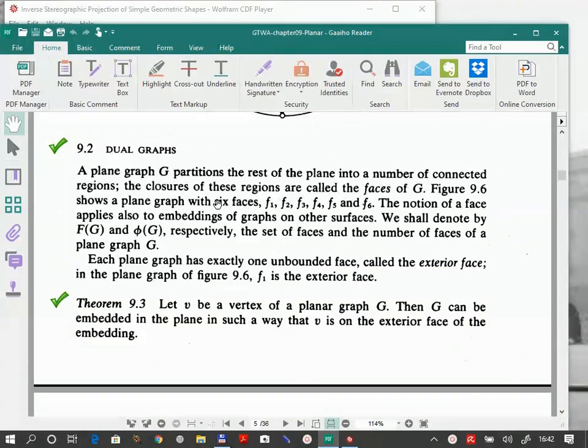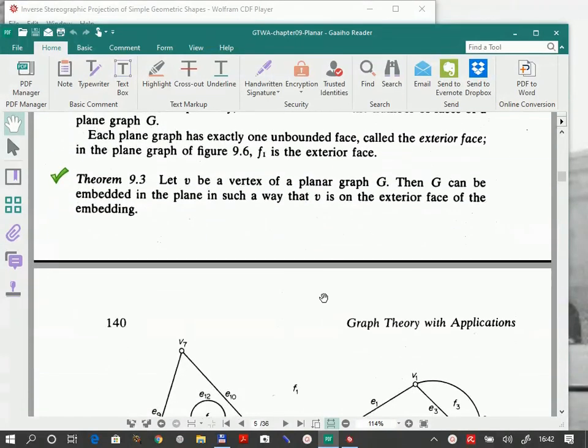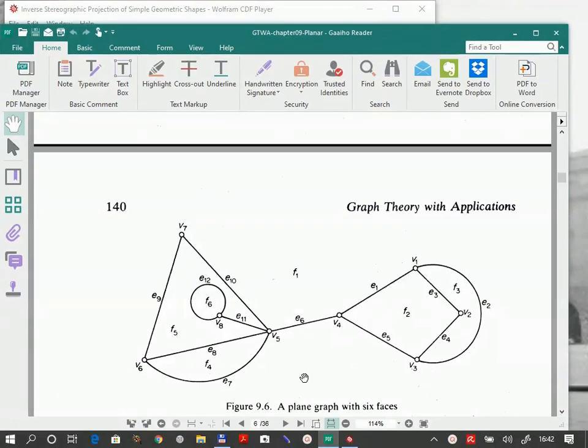These are all open sets in the plane. You close each of these regions by itself, and you get what are called the faces of the graph. For instance, here you have these faces, one which is unbounded, out of the graph, so to say, and then some others. Here there is one which touches itself through this edge E11, for instance, others which touch one another.